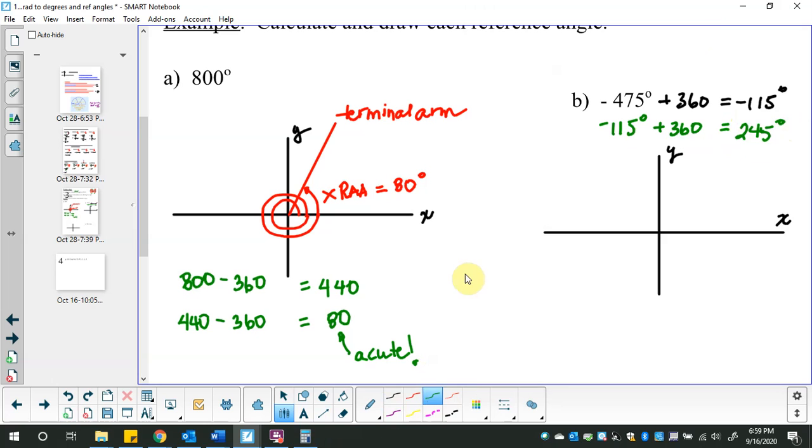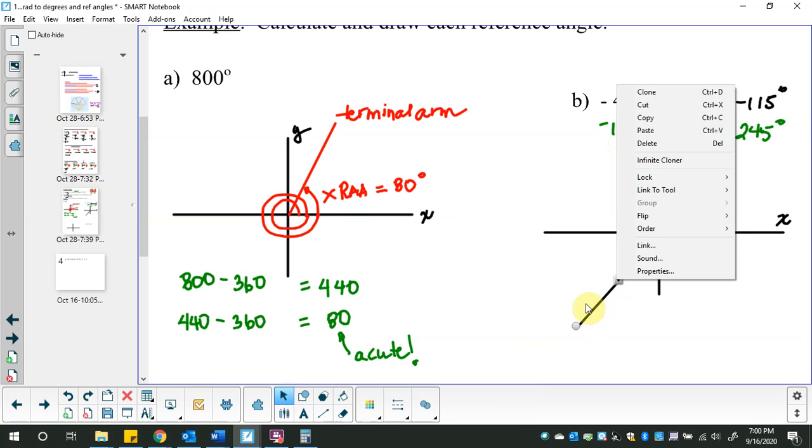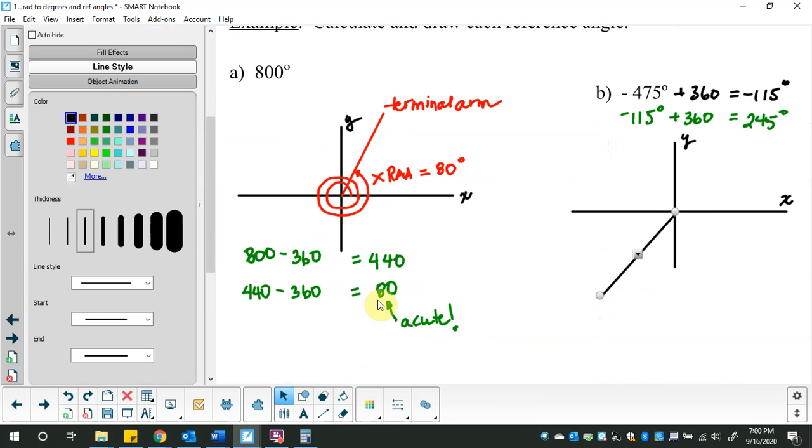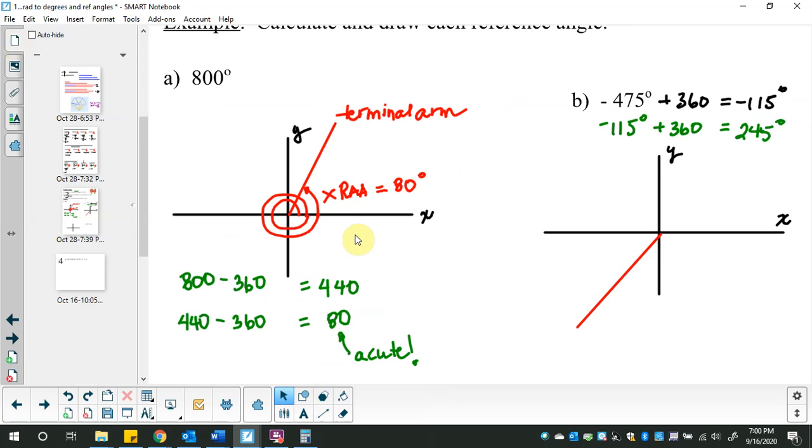So you should know where 245 degrees is. You should know that this is 0 degrees, because that's where the sun rises. This is 90 degrees. This is 180 degrees. This is 270 degrees. So that means that negative 475, negative 115, and positive 245, totally not drawn to scale, they are all the exact same measurements, and they sit in quadrant 3.